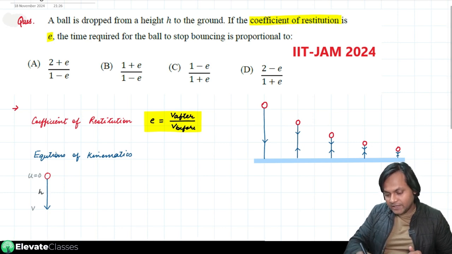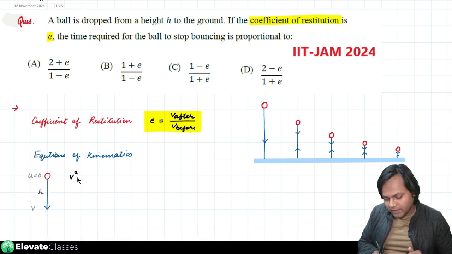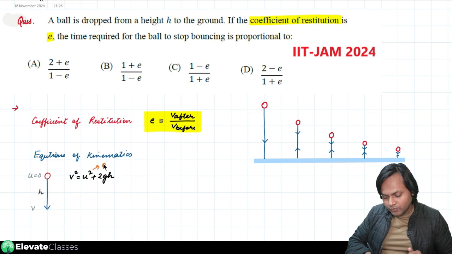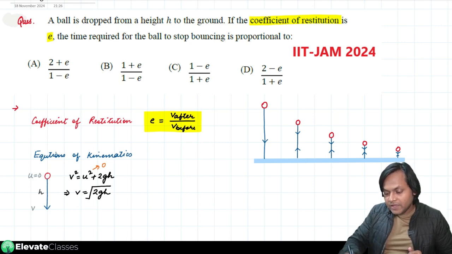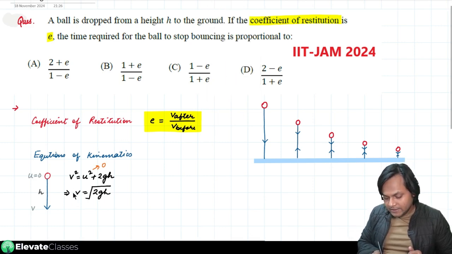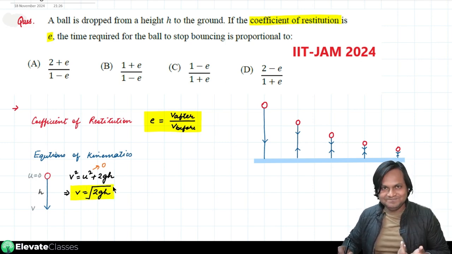In that scenario, I can apply the equation of kinematics, v squared is equal to u squared plus 2gh, where u is equal to 0, and this simply gives us the final speed v equal to the square root of 2gh.